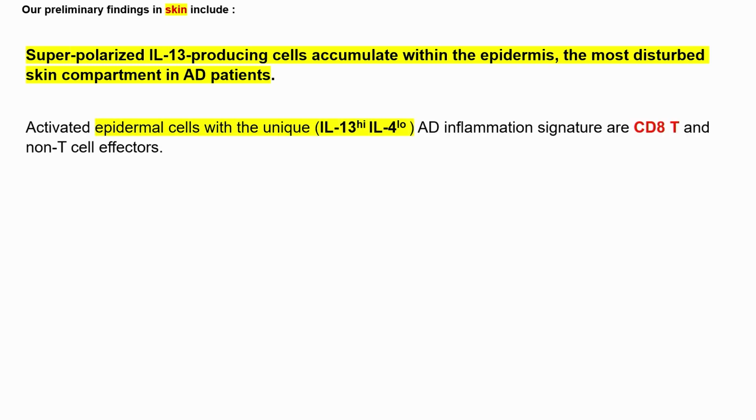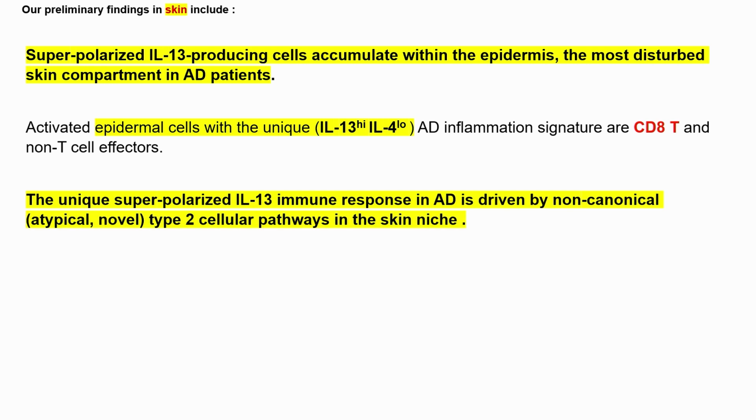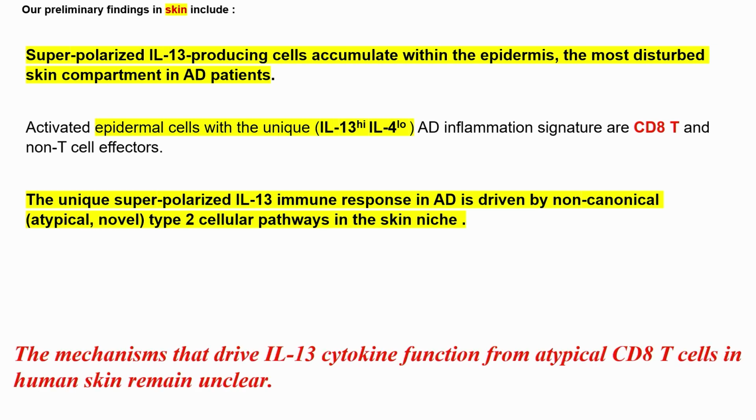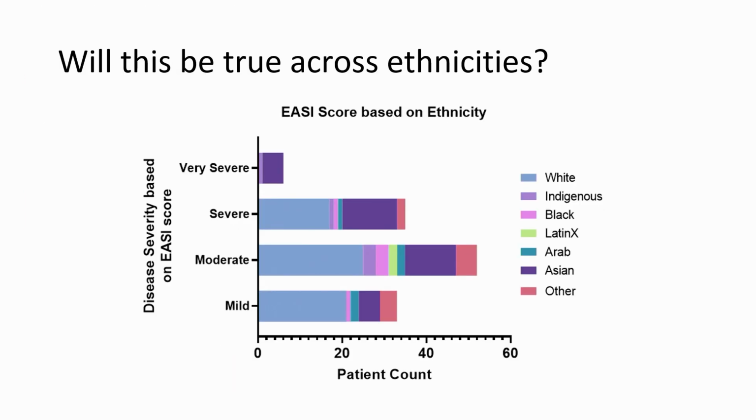We know that these activated epidermal cells with this unique IL-13 high, IL-4 low polarization state are CD8 as well as non-T effectors. And we see that this is really driven by these non-canonical cells in the skin niche, and yet the mechanisms for driving that IL-13 production from these atypical cells and CD8 cytotoxic cells really still remains unclear.